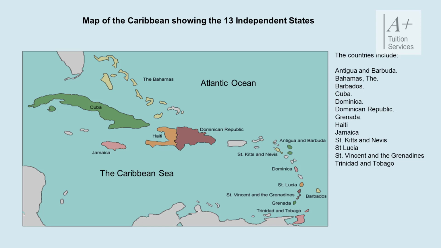Right at the bottom of Cuba and to the side of Haiti is Jamaica, and at the very top, closest to the United States of America, at the Florida peak, is the Bahamas. So this is the map of the Caribbean showing the 13 independent states.